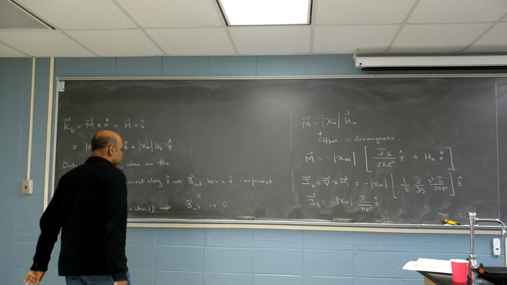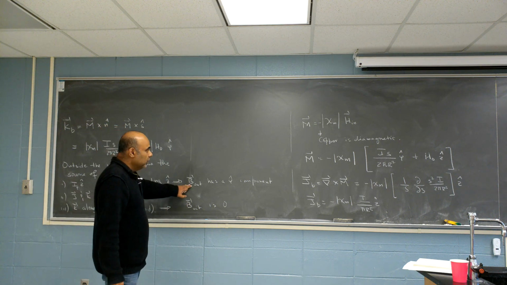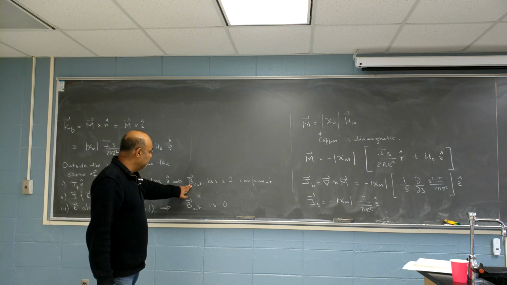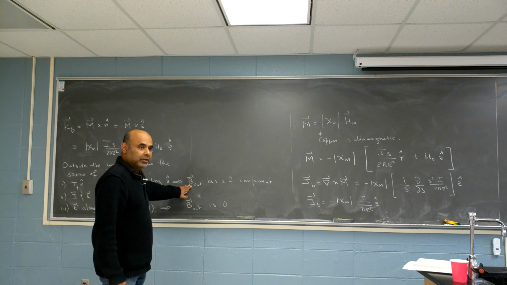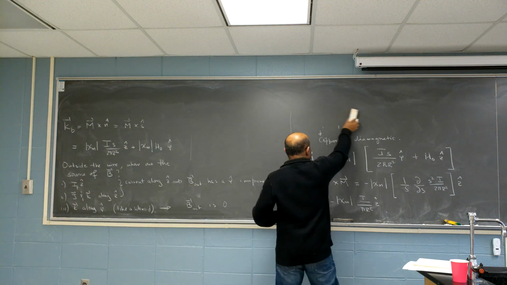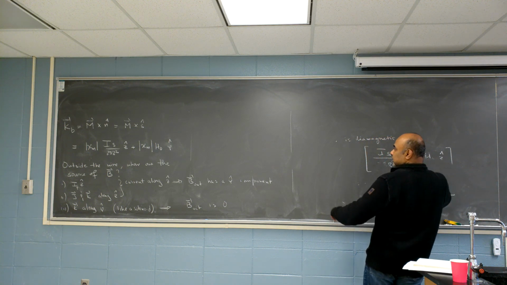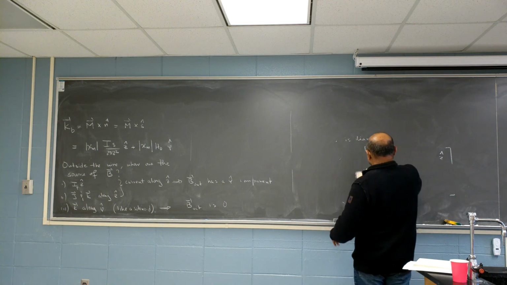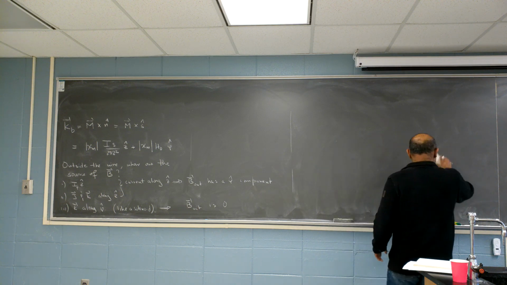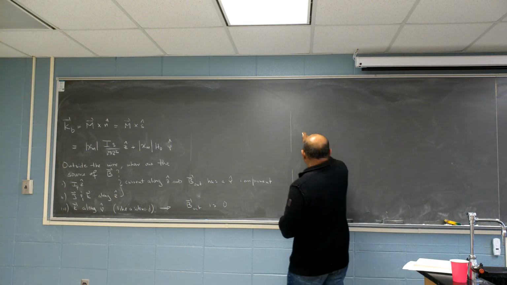That means B out must only have a phi component. I have erased everything that I need. Oh my goodness, I have erased. I will ask your help to write this down because that's also important.